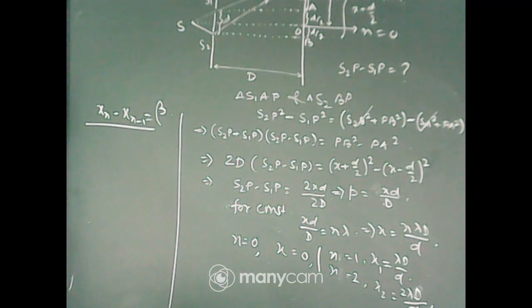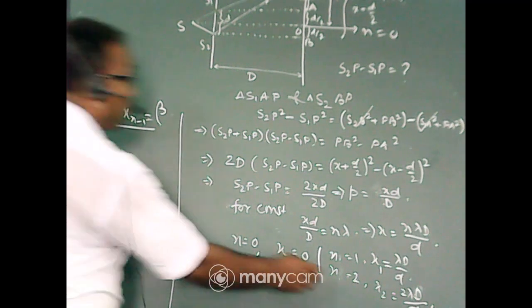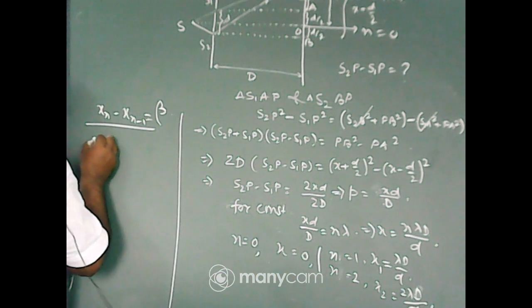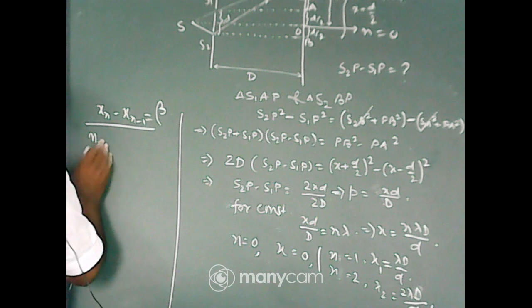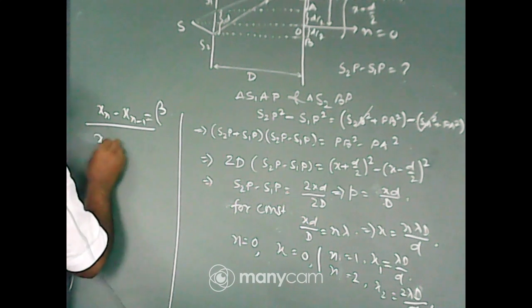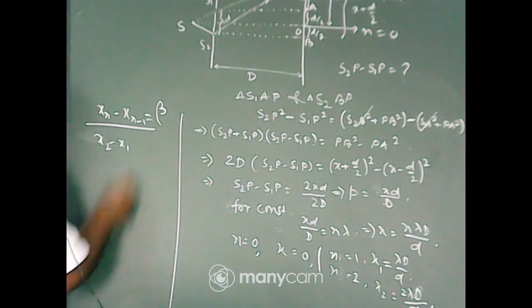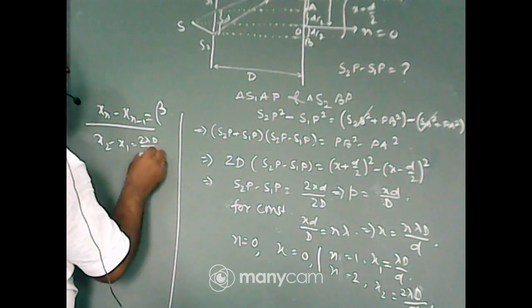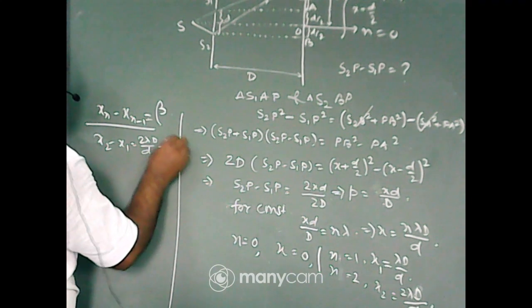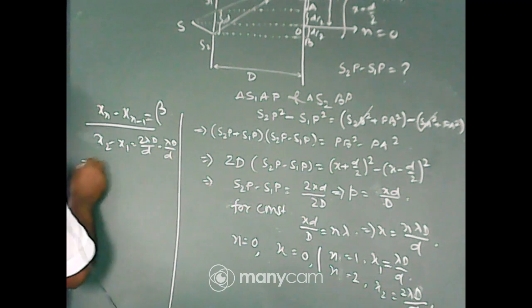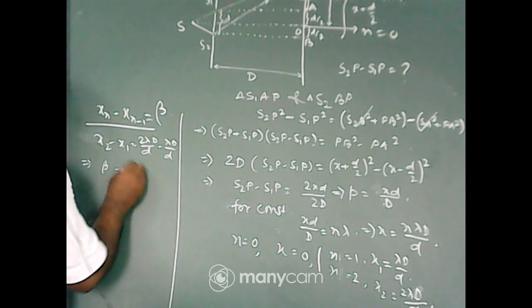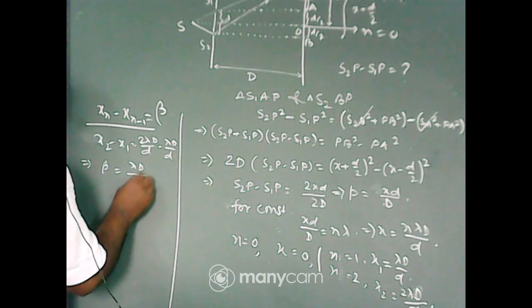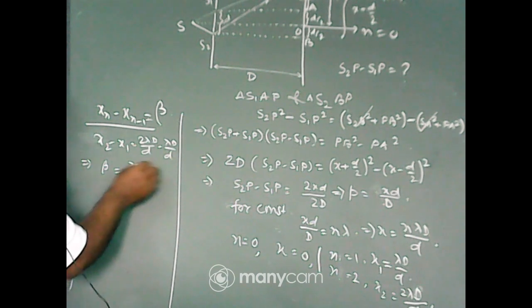But for one example, you consider x2 minus x1. What will be its value? 2 lambda D by d minus lambda D by d. That is the fringe width, lambda D by d. This is the fringe width.